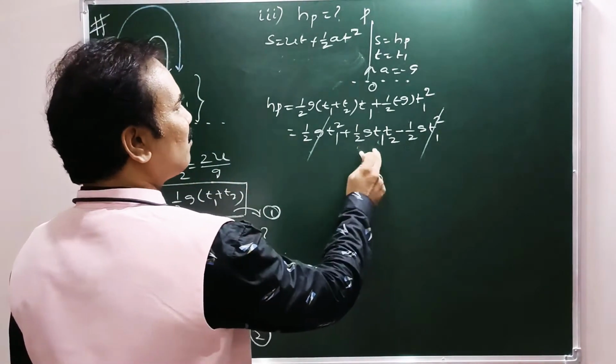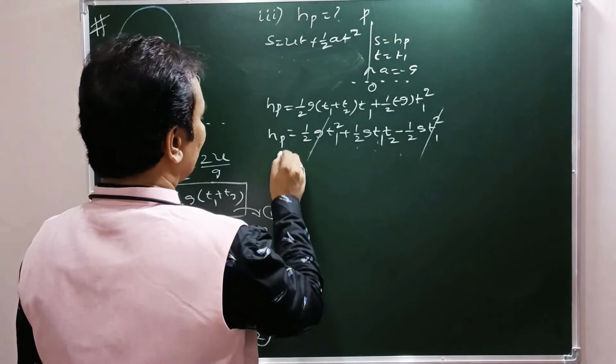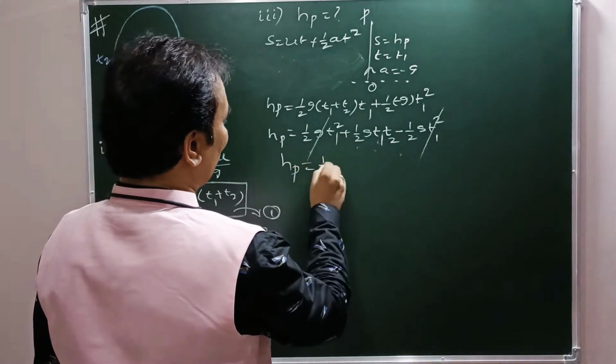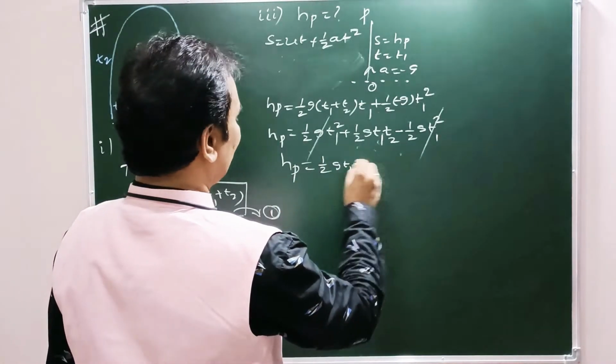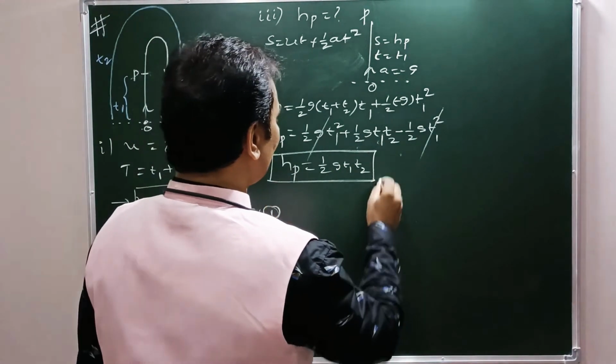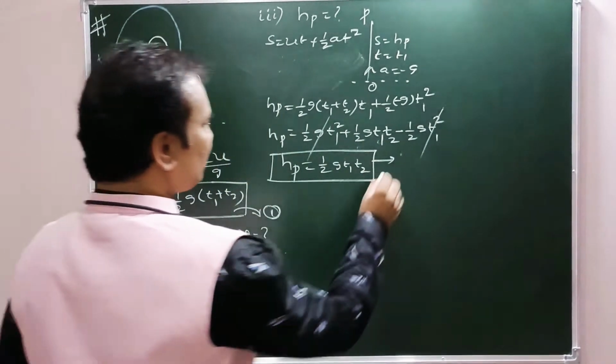We are left with half g T1 T2. So height of point P equals half g T1 T2. This is number 3.